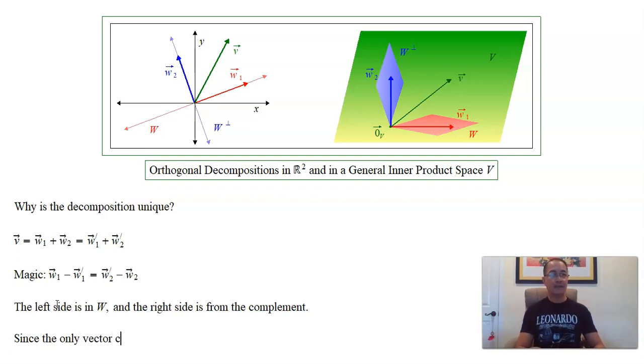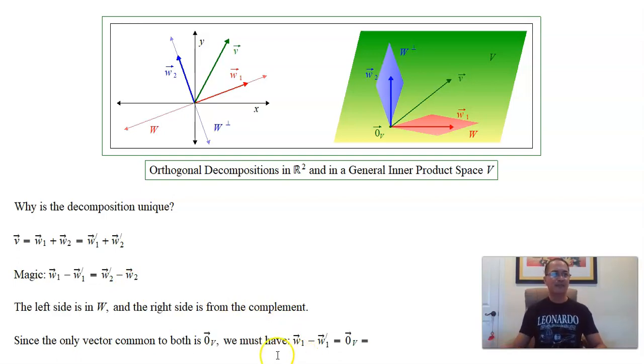Since the only vector common to both is the zero vector, we must have the first vector is 0, so is the second vector, because they're the same vector. So they both have to be the zero vector. What does that mean? W1 must be W1 prime, W2 must be W2 prime. So there is only one orthogonal decomposition.